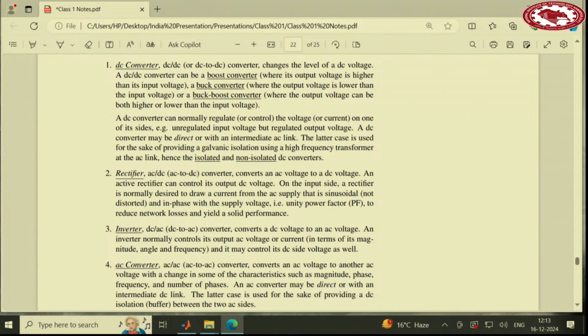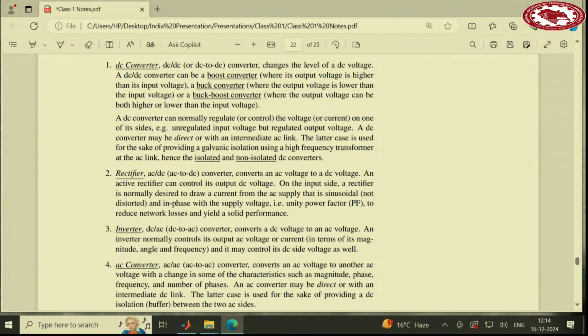So we use the converter to either increase the voltage level or decrease the voltage level. It's a buck converter when you want to decrease it, or when you increase it, it's a boost converter. And in some applications you may want to have both types together. So we can have buck-boost converters.